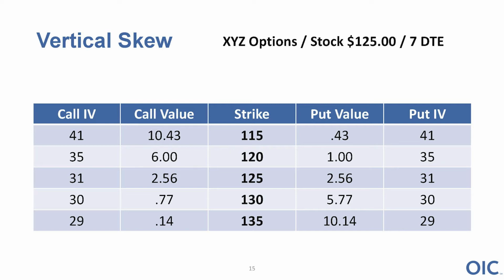Both options are 10 points out of the money, but the puts are trading 11 to 12 vol points higher than the calls. The calls are trading at 29 vol, and the puts are trading 41. So you can see that natural skewness between the out-of-the-money calls versus the out-of-the-money puts.